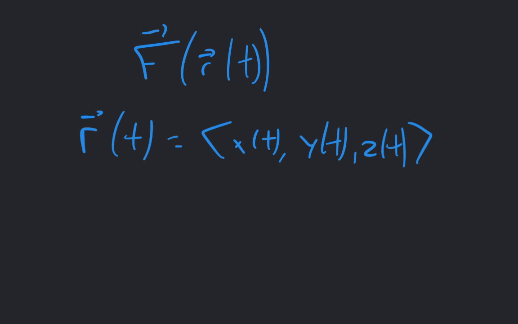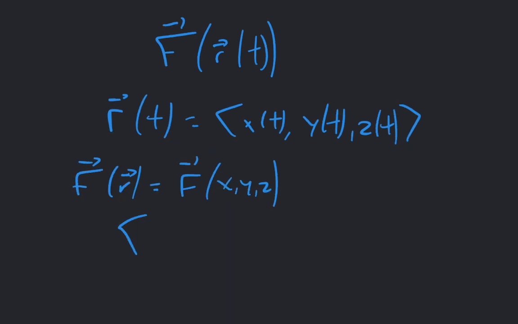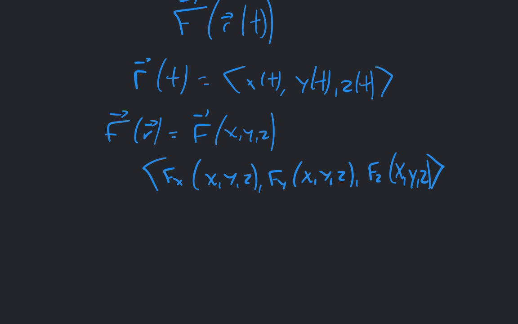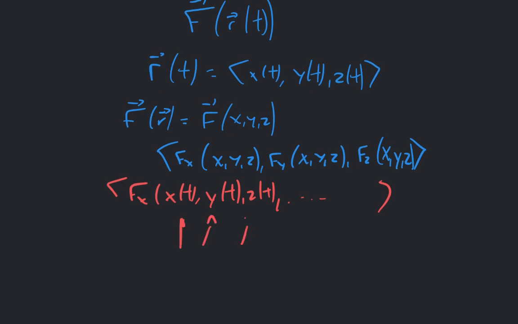So electromagnetism, gravity, etc. So this is going to be f of x, y, z, making it f of r of t now just replaces this with functions of time, which just makes these functions of time now instead of just values in space.